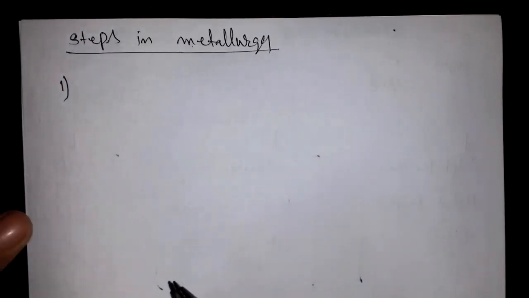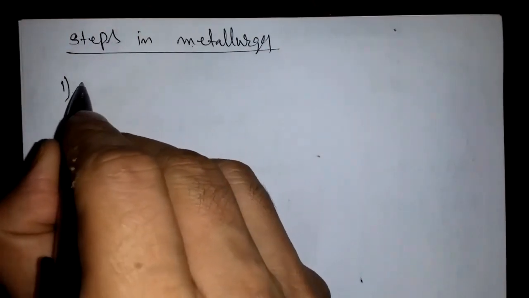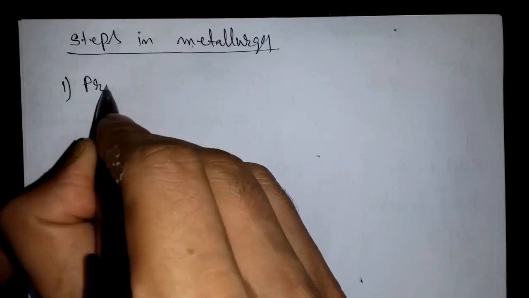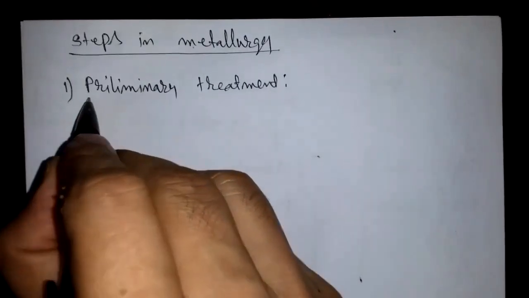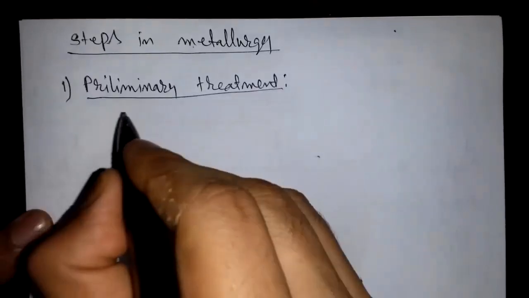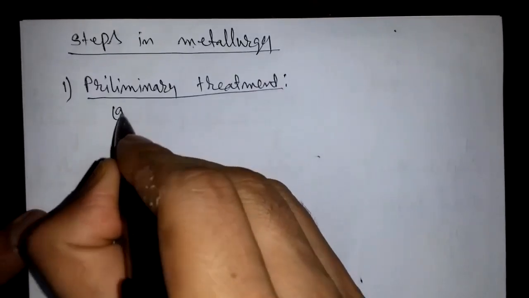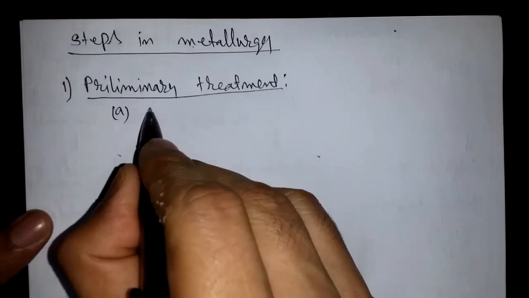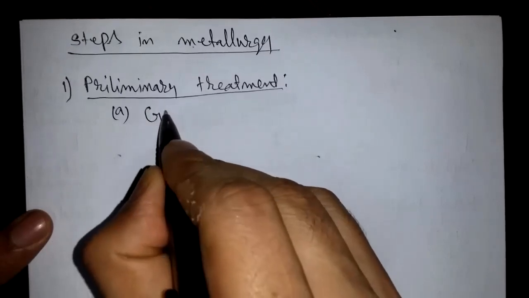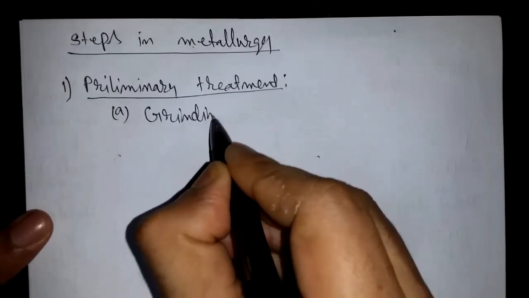When the ore reaches the factory, first is the preliminary treatment. In preliminary treatment, we do two things. First, grinding of ore.